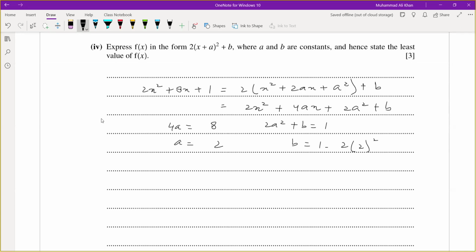The value of b is, sorry, -7. The value of b is -7.